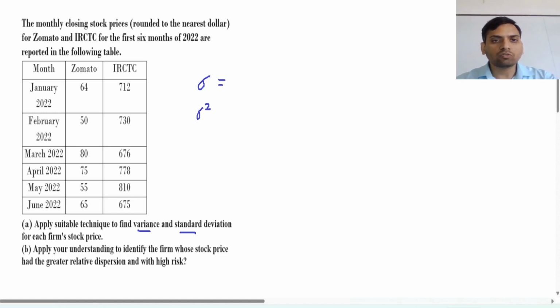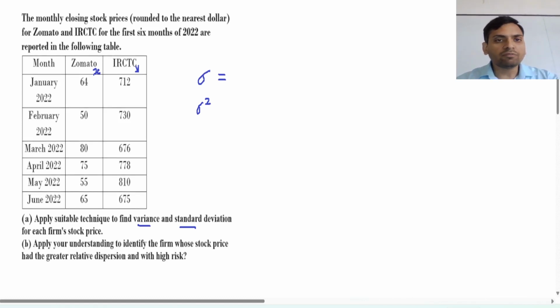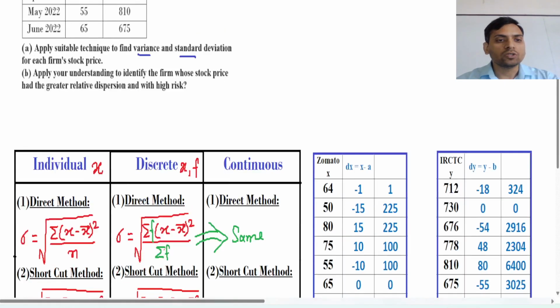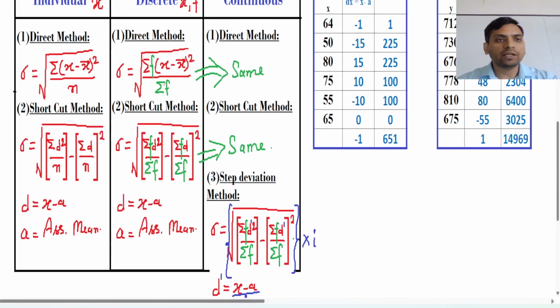We can consider this as the X series and this as the Y series, two individual data sets. For individual data we have two methods, the direct method and the shortcut method. We will apply the shortcut method because it is less time consuming and 99% correct.